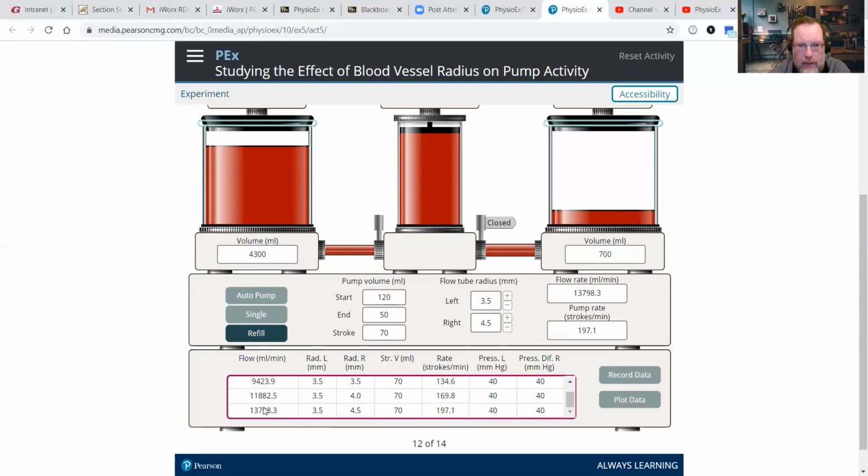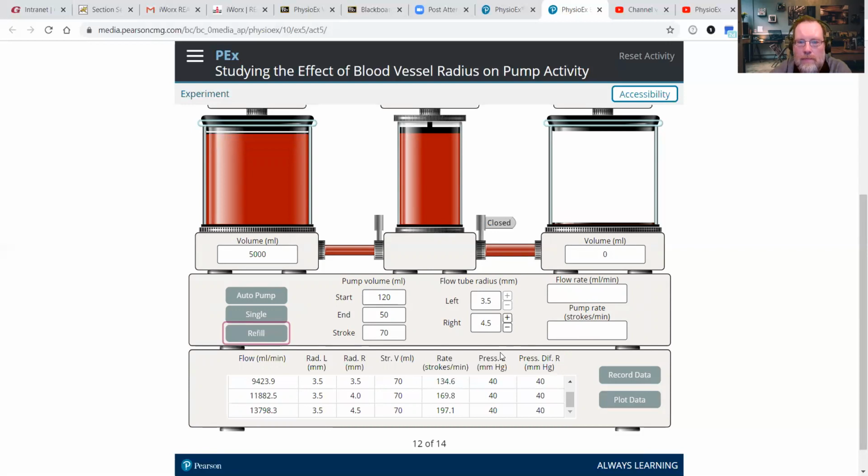Again, we continue to see heart rate go up and therefore flow or cardiac output go up. Because remember, flow equals cardiac output, and cardiac output is heart rate times stroke volume.